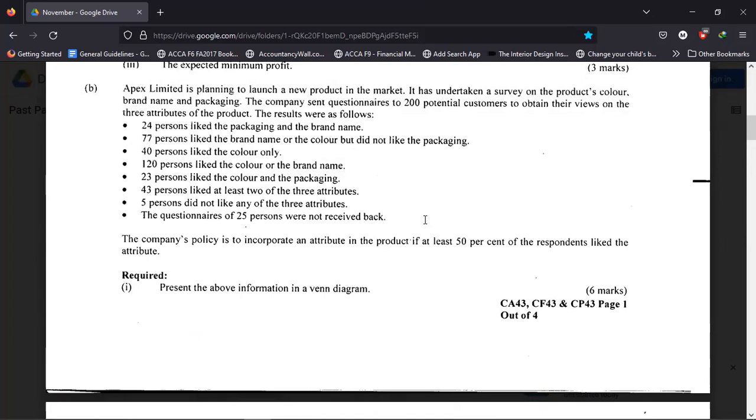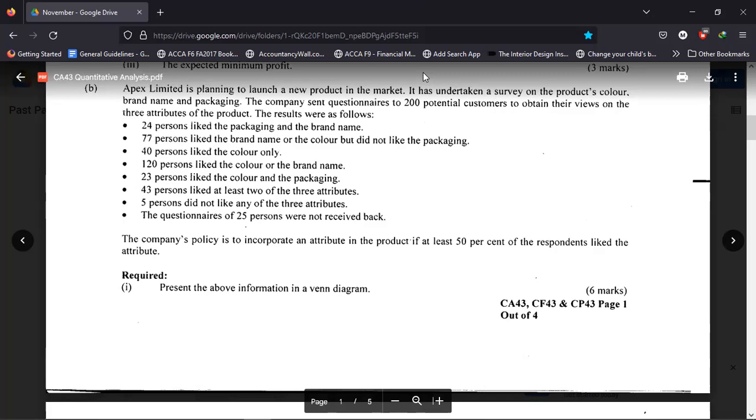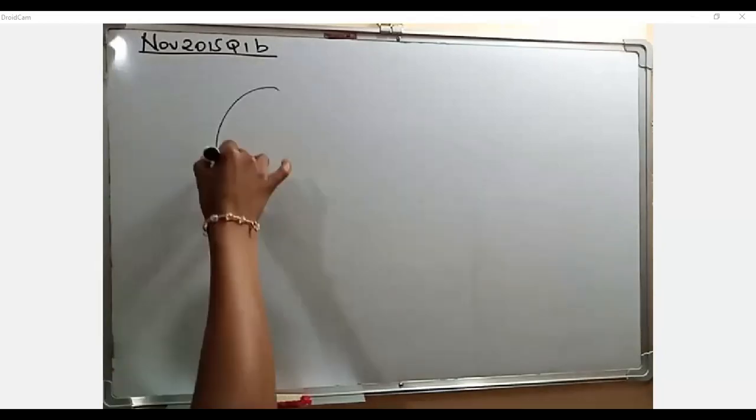So it looks like this. Let me go back here. When I look at the information provided by the examiner, because they are dealing with 3 types of brands, we have color, brand name, and then packaging. So it will be looking like this. Let me interlock it.